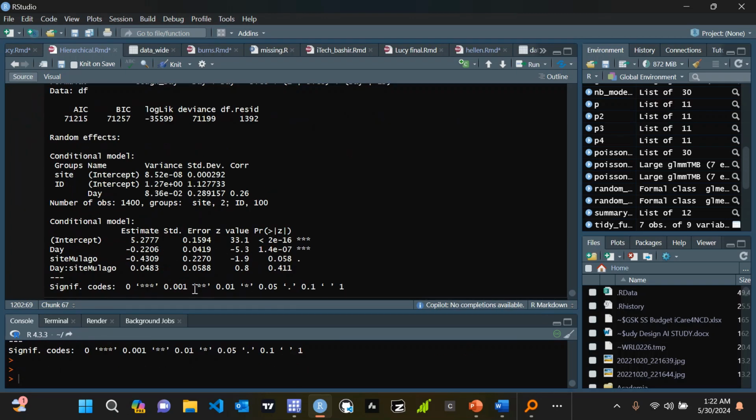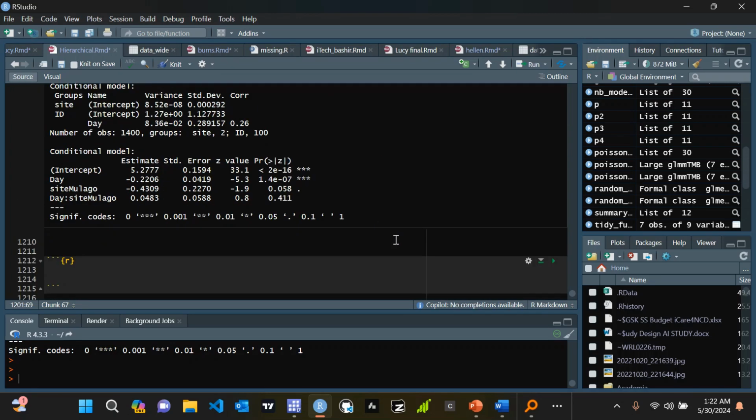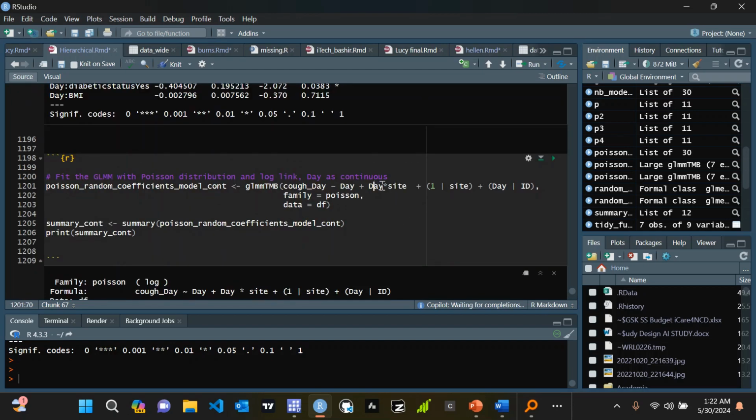If we include only site and time, it is still not statistically significant. That means there is no interaction between the study site and the time.